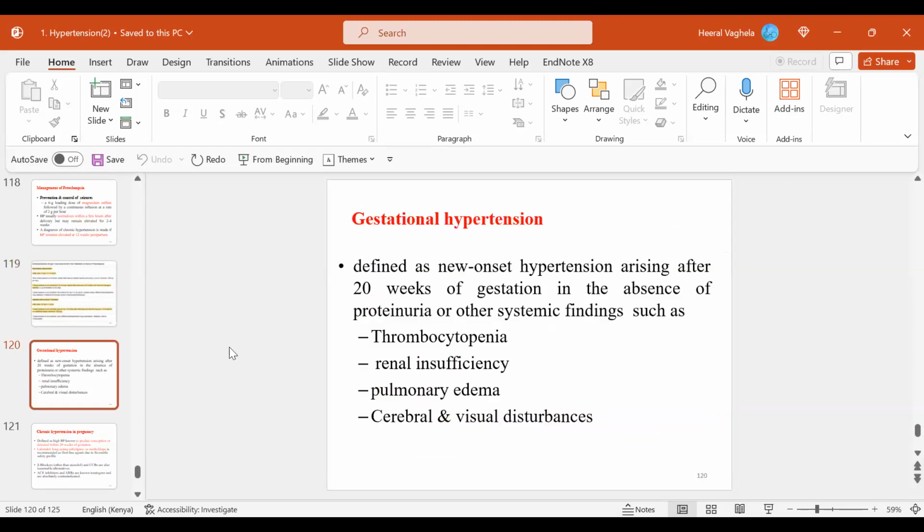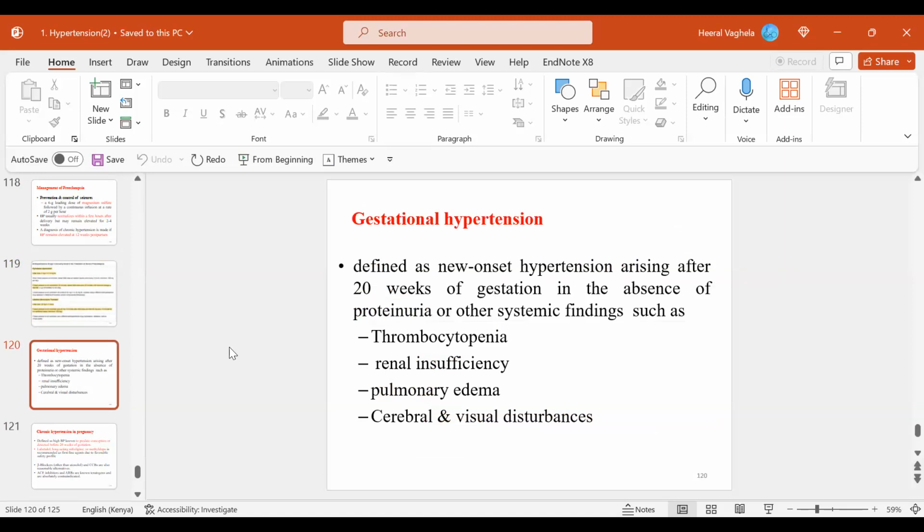Then gestational hypertension is a new onset of hypertension arising after 20 weeks of gestation. But over here, it doesn't have proteinuria or thrombocytopenia and all those things that were in preeclampsia.